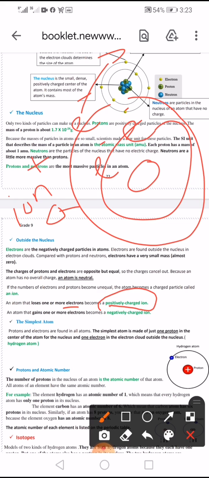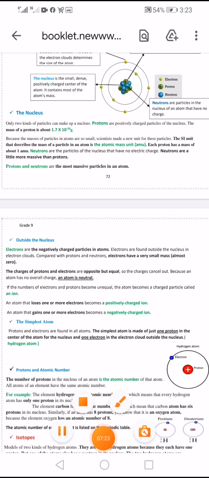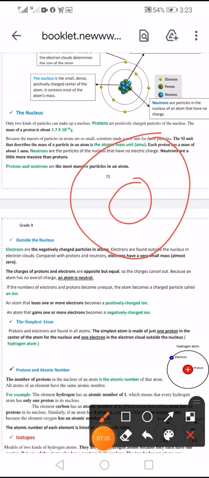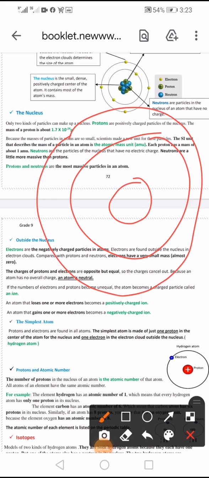But if the atom gains one or more electrons, look here, this atom contains two electrons, and it gains an electron from another atom and becomes four electrons here.